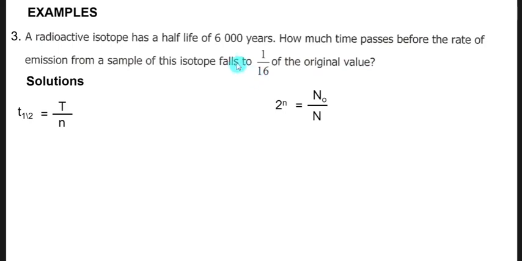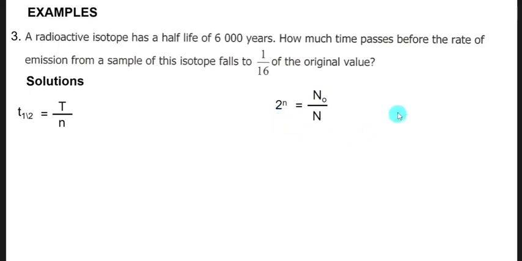So we have been told that the sample is falling to 1/16 of the original value. Do we know the original value? We don't. We have only been told that what remains is this fraction of the original value. So it comes easy for us to assume the original value.